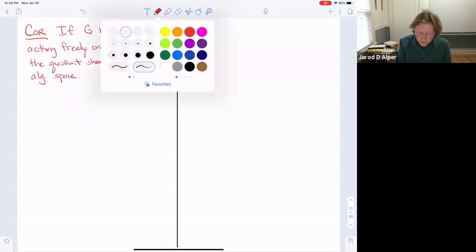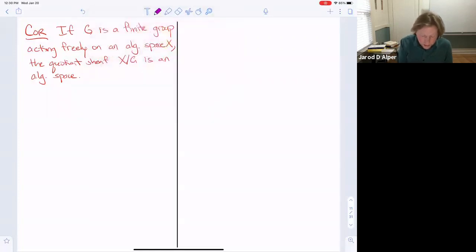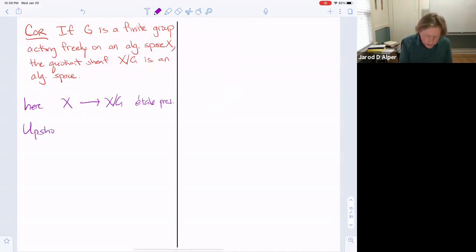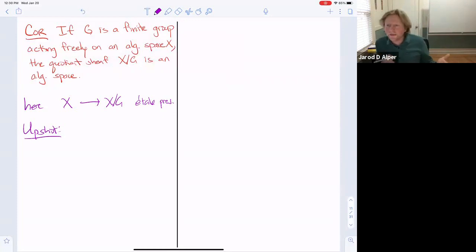Note that the map from X to X mod G, because G is finite, is actually an étale presentation. And so the upshot here is that free actions of a finite group on a scheme exist as an algebraic space.